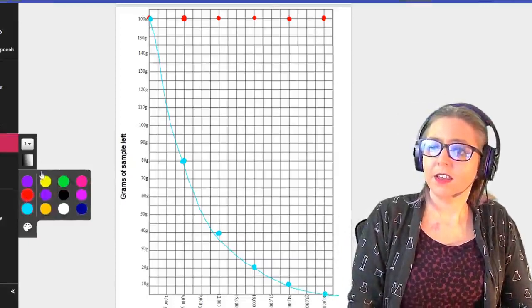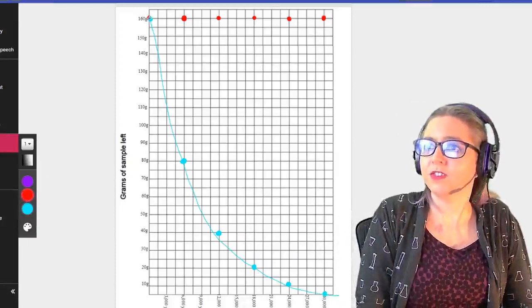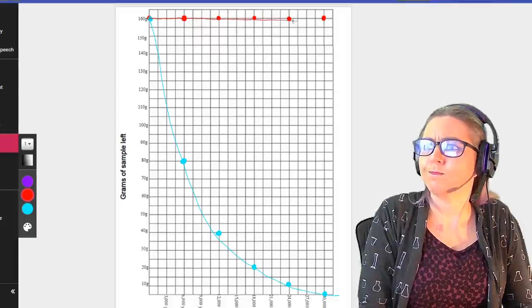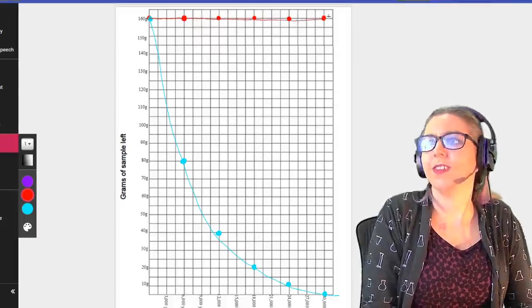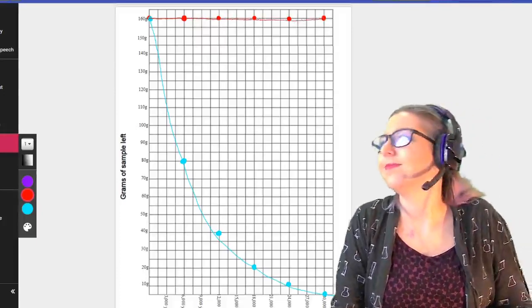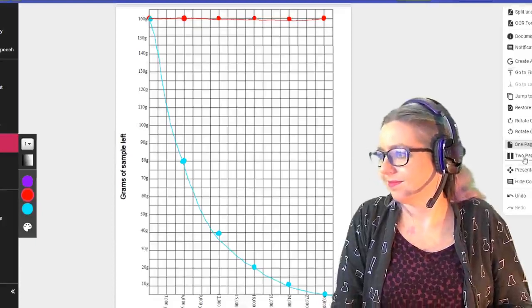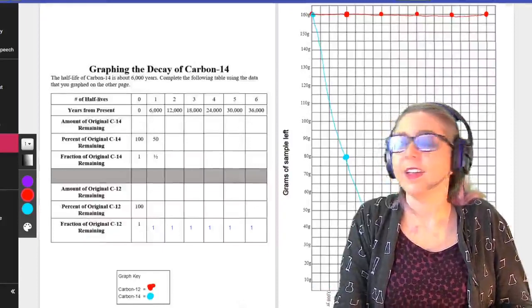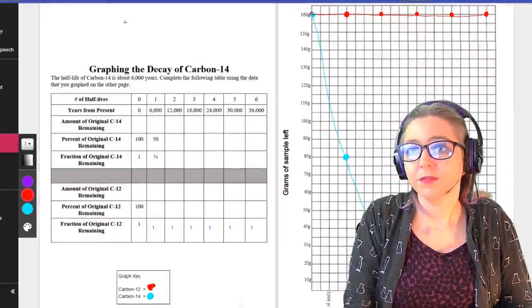And then my carbon-12 is just a straight line across. So then we filled out our table.